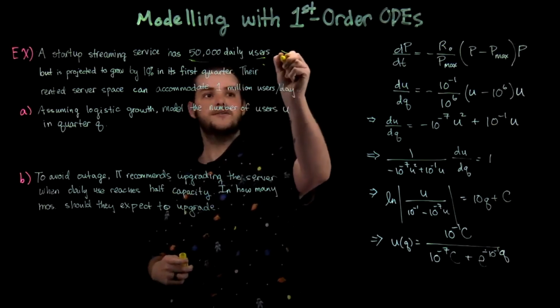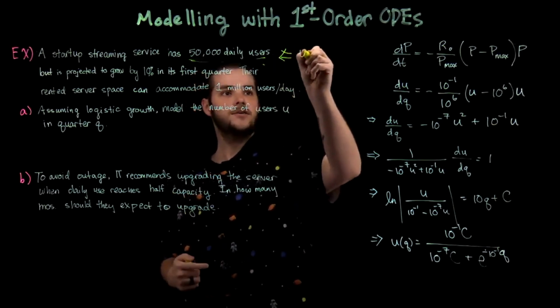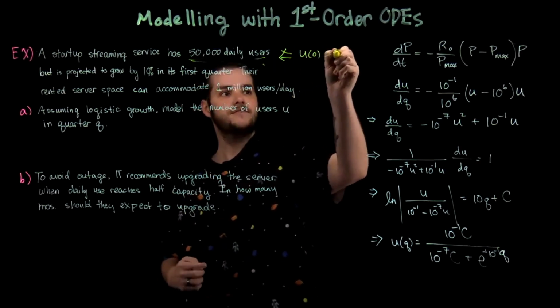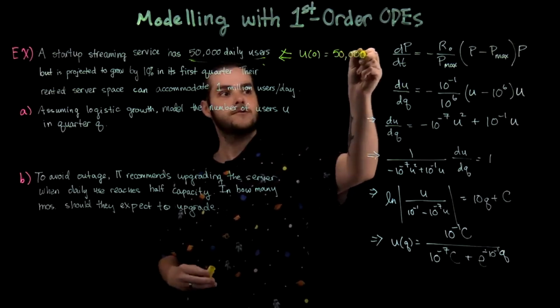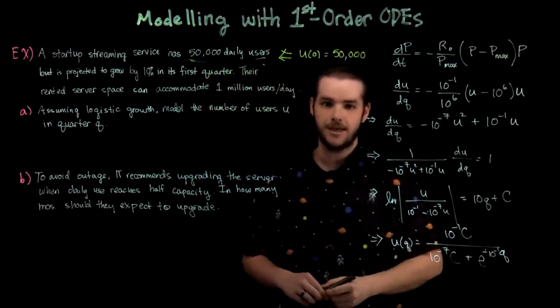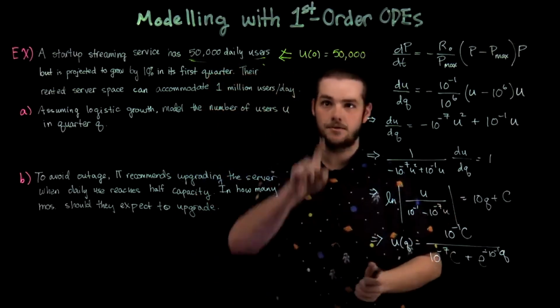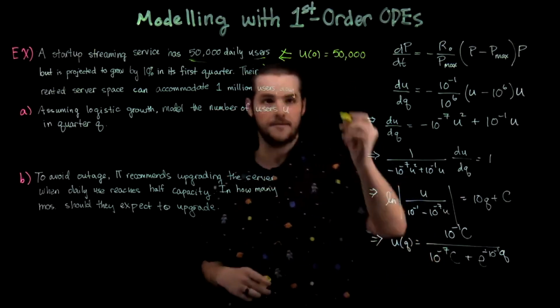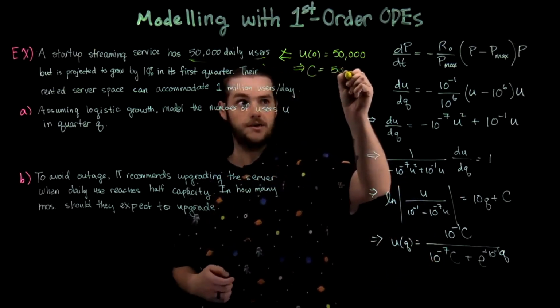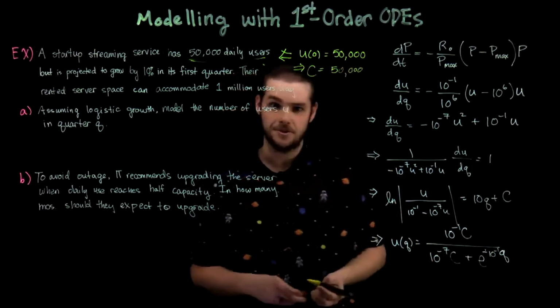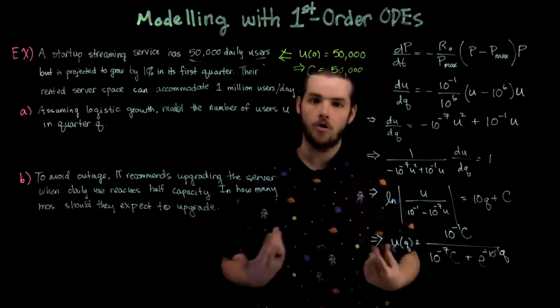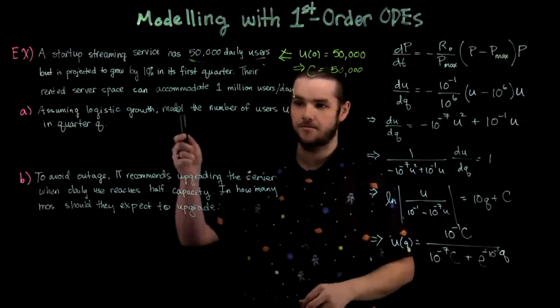This tells me that u of 0 is 50,000. When I plug in 0 for q and solve for c using this condition, I get that c ends up being 50,000.